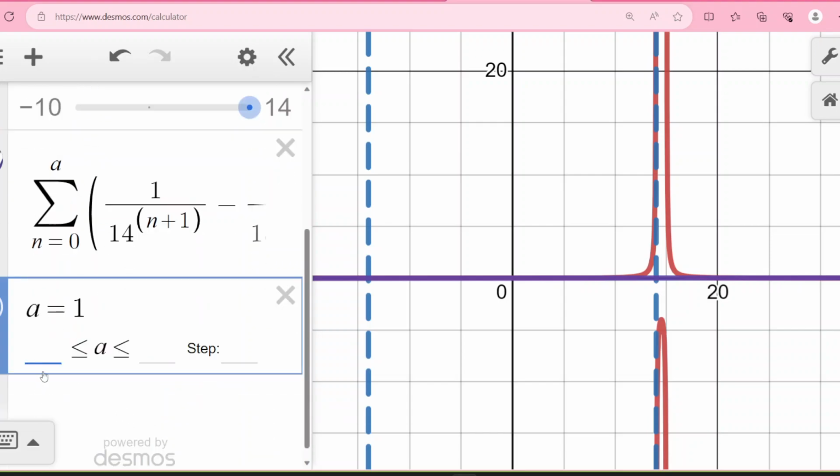I'll start this at 0 and have it go up to, say, 50 by ones.